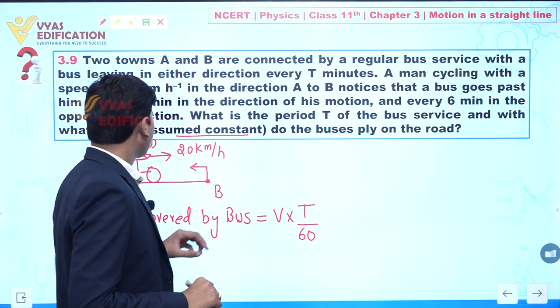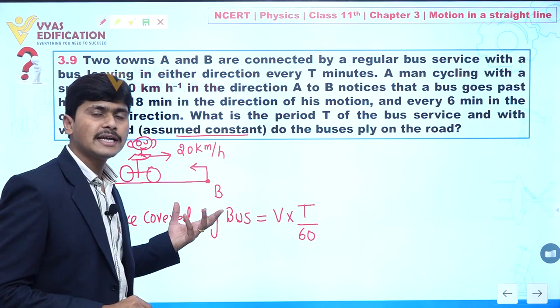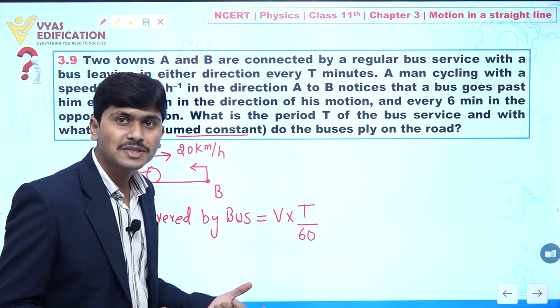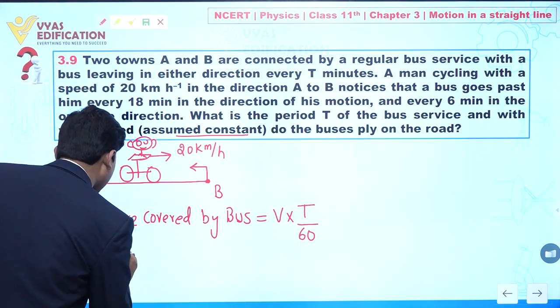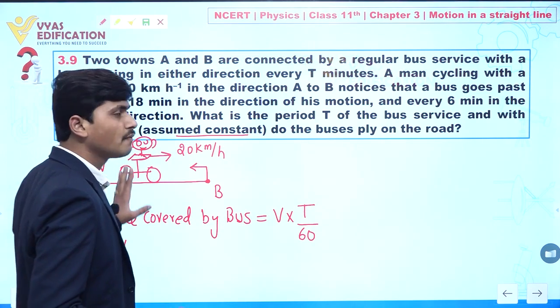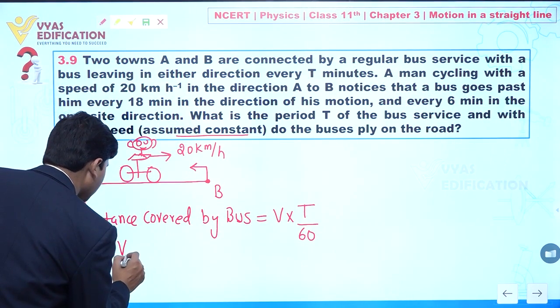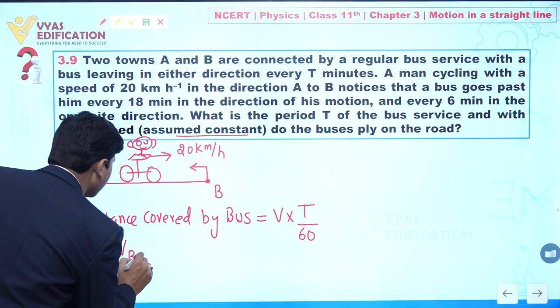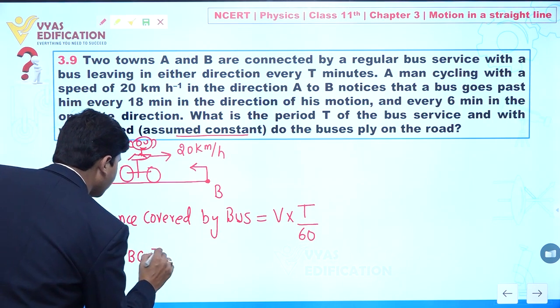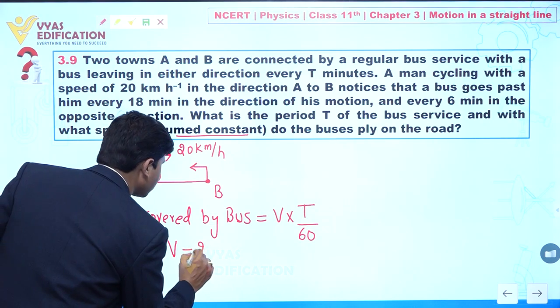Now we find the relative velocity of the bus with respect to the cyclist. In the first situation, when the bus is going from A to B, the velocity of the bus with respect to the cyclist is V minus 20.